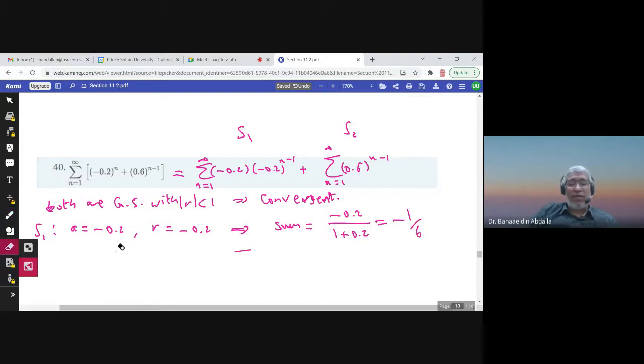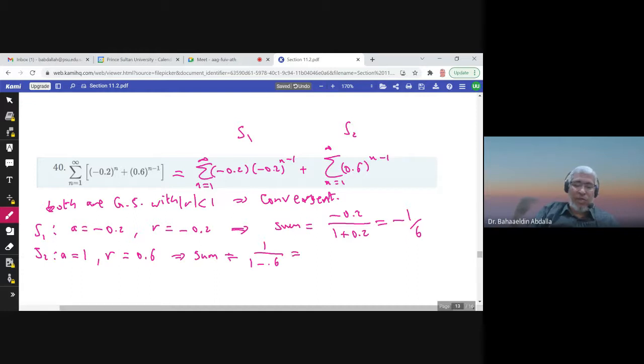And the second series is S2. a here is 1 and r is 0.6. So the sum is a over 1 minus 0.6, and this is just 1 over 0.4, or 5 over 2.